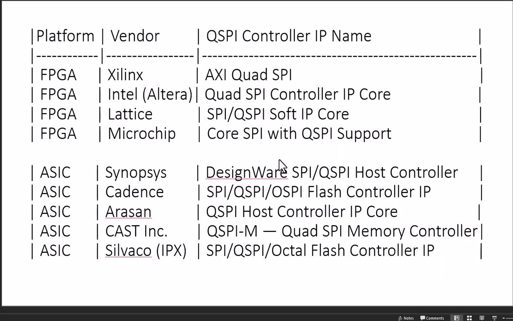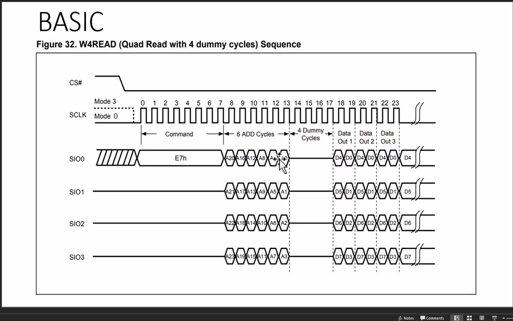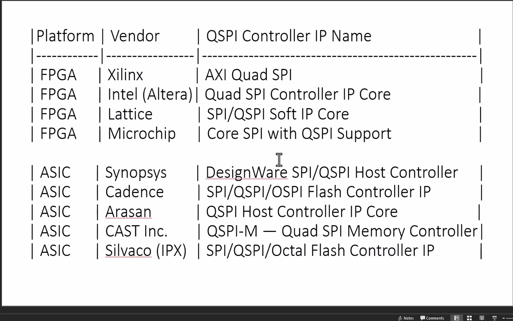So in this way we can get the things in QSPI. Okay, so I just list out what the FPGA and ASIC IPs are for the specific platform and the vendors. There are vendors like Xilinx, Altera, Lattice and Microchip that provide the QSPI or SPI controller IP.